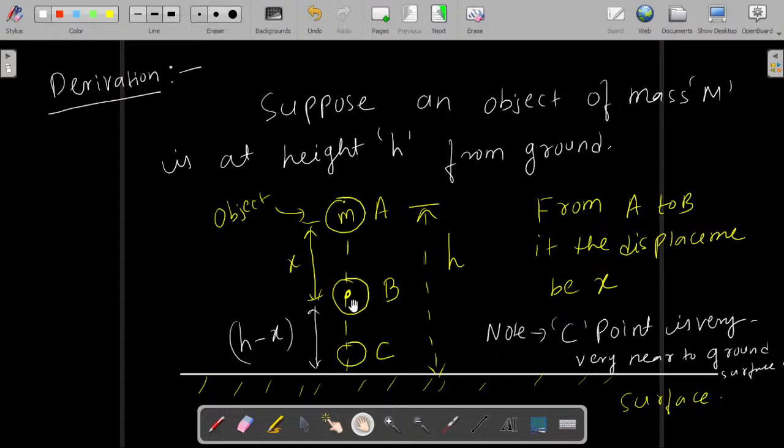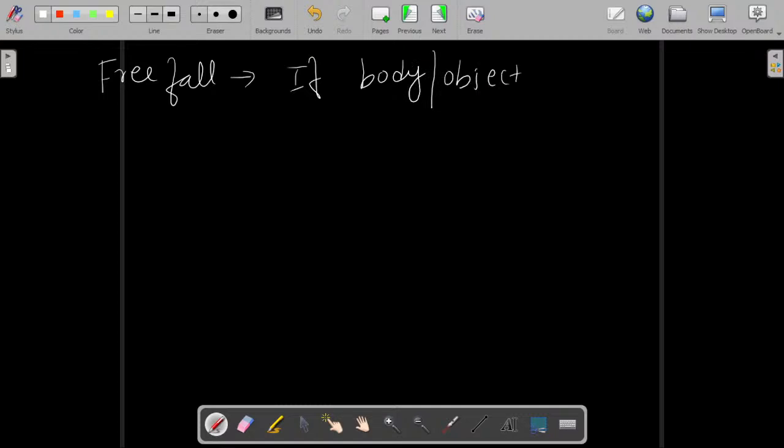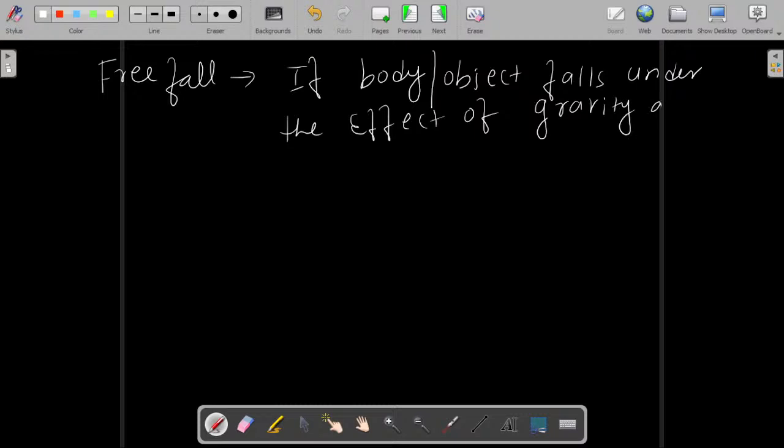Now it is falling under free fall. Write down, free fall means what? If a body or object, anything, falls under the effect of gravity alone, no air drag we have to consider, that fall is called free fall.